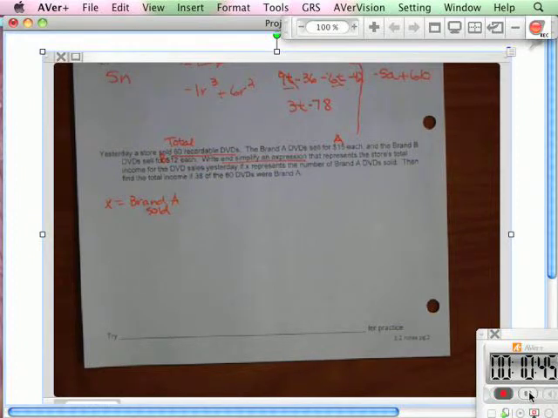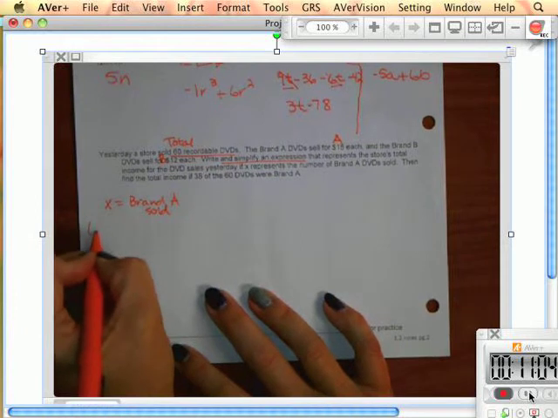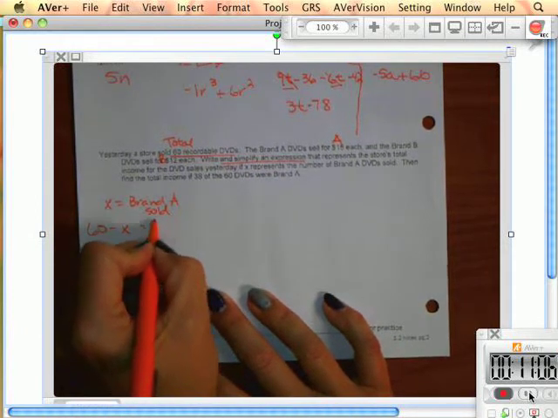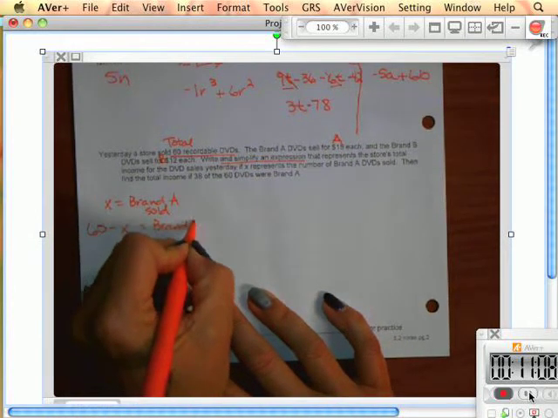If there was a total of 60 sold yesterday, how can I represent brand B sold? Ian, what were you going to say? Same thing. 60, take away brand A, which is X, will represent brand B. So 60 minus X equals brand B sold.